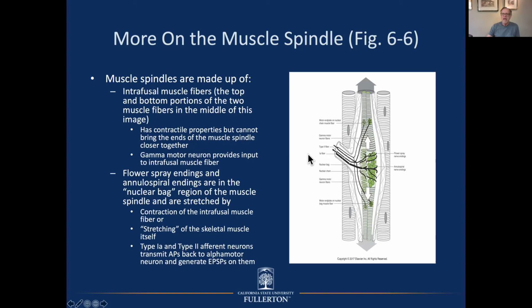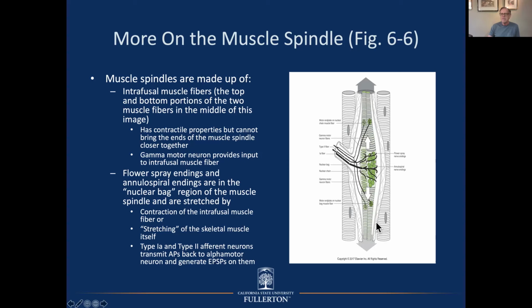Now, what do I mean by that? This muscle spindle, and this illustration does not show it very clearly, but you could, for all intents and purposes, just consider this to be the end, and it's attached to the extrafusal muscle fibers. Up here, it's attached. So this is a little weak structure. The extrafusal muscle fibers that actually make up the whole muscle are big, strong structures. By contracting here, you can't get this end closer to that end because it's attached to this.